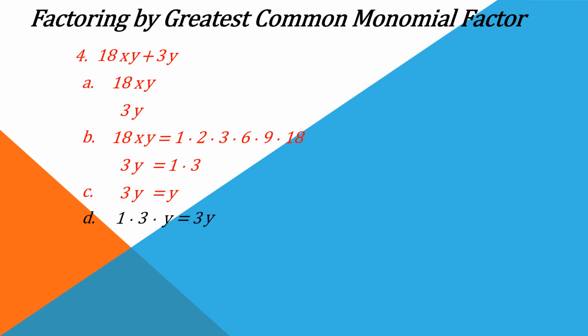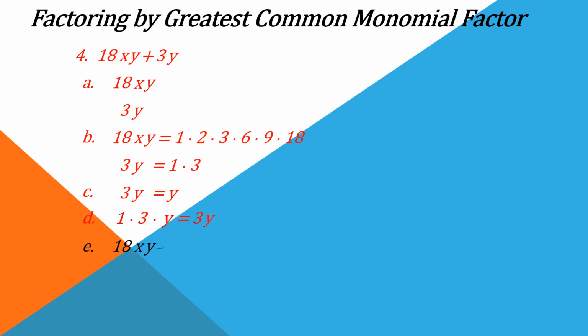We will take the product of the greatest common factor of the numerical, which is 1 and 3, and the greatest common factor, or least exponent, of the variables, which is y. Therefore, the greatest common factor is 1 multiplied by 3 multiplied by y, or equal to 3y.